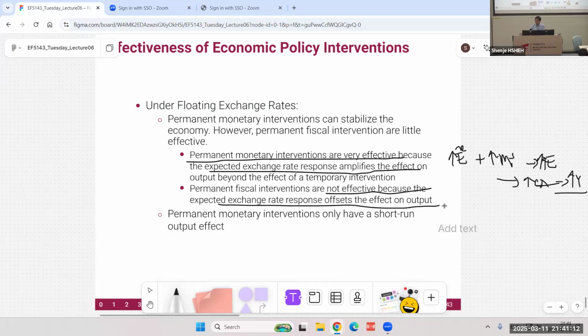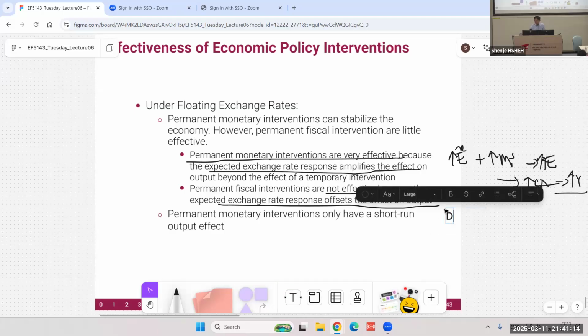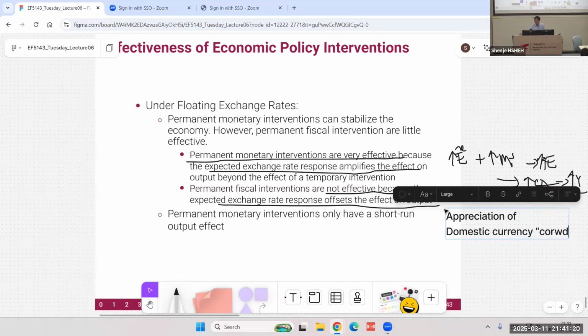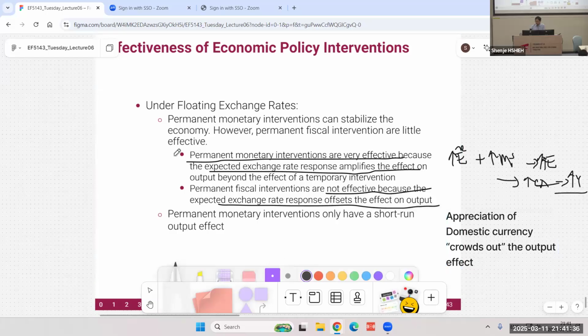Again, it's the crowding out effect, right? The appreciation of domestic currency crowds out output. And it's especially bad when we're in that so-called long-term equilibrium, right? Where output is completely deleted. Okay.